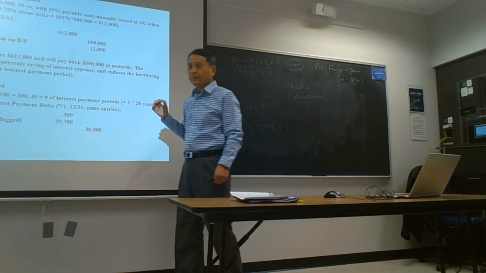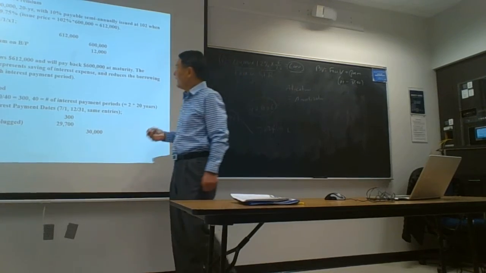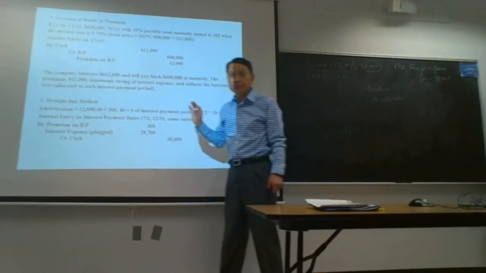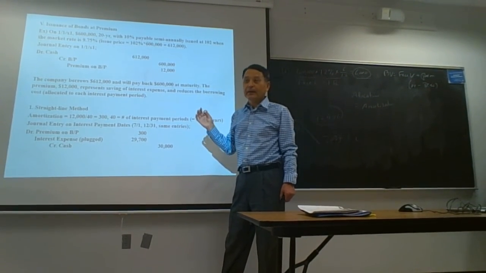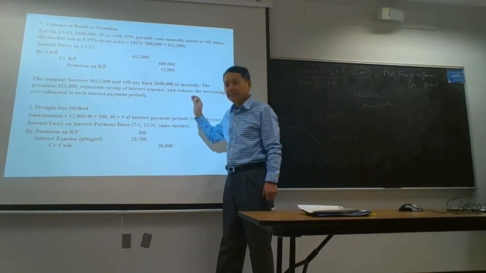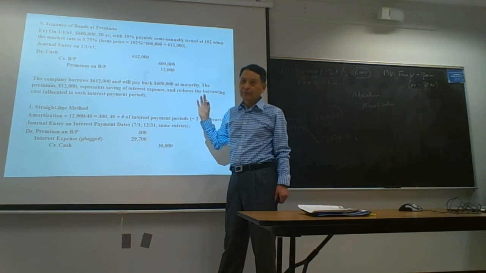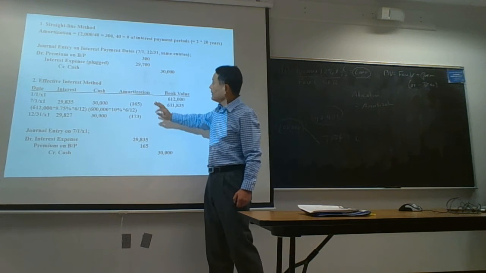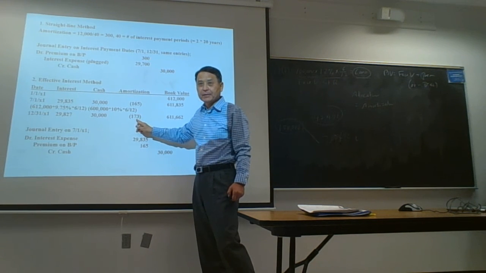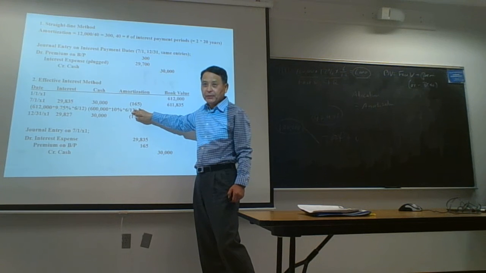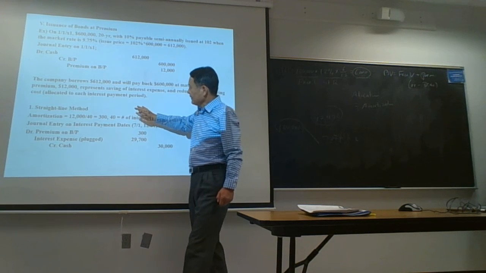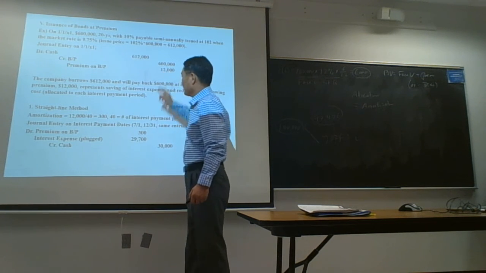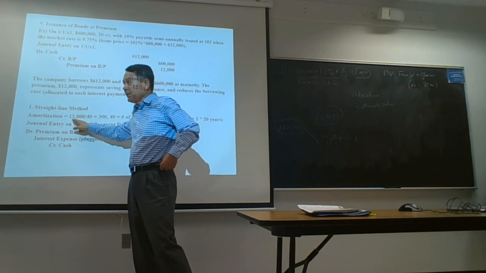And as we did for discount, we have to allocate this $12,000 total premium to each period. How? Equally under straight line and unequally under effective interest. On the straight line, the total premium is $12,000, so $12,000 divided by 40.